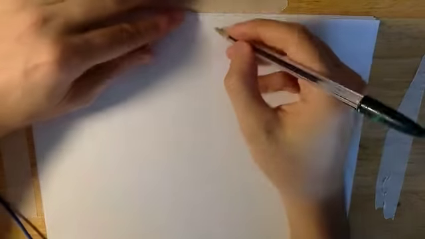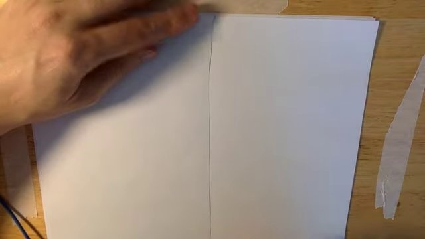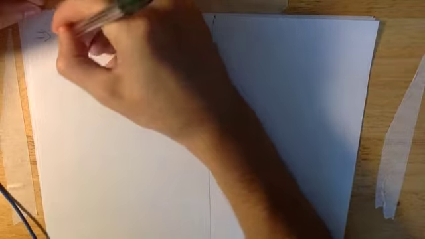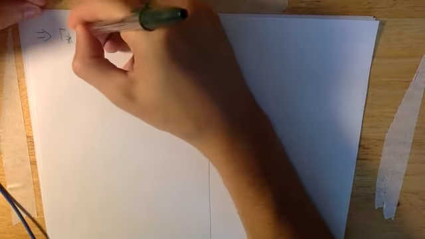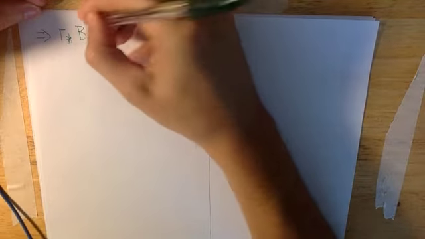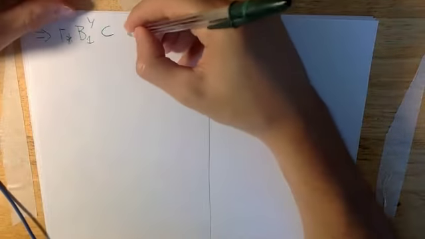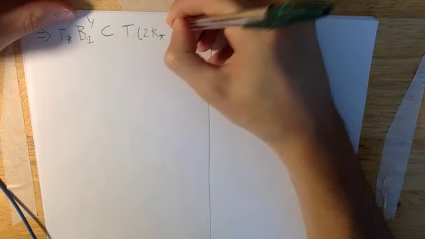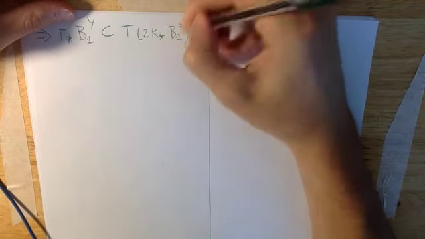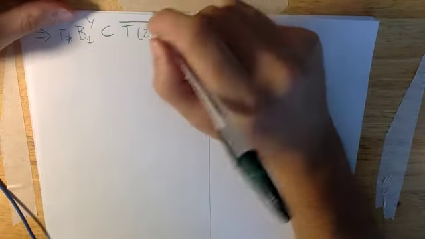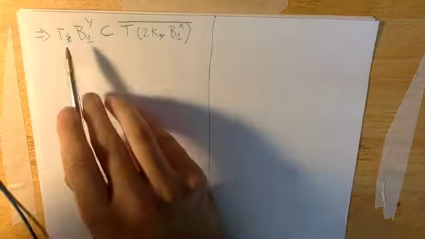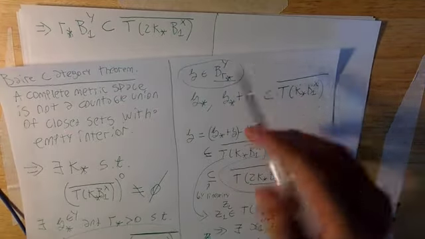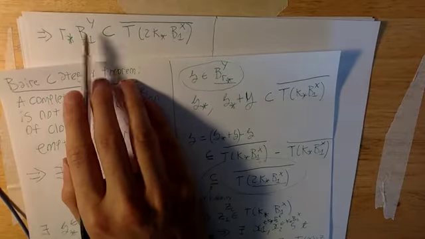Okay, so then what we are saying is that R star B1 of y is contained in T of 2 times k star times B1 of x closure. But now we can apply linearity, because we took something in the ball of radius R star, which we wrote as R star B1 of y.